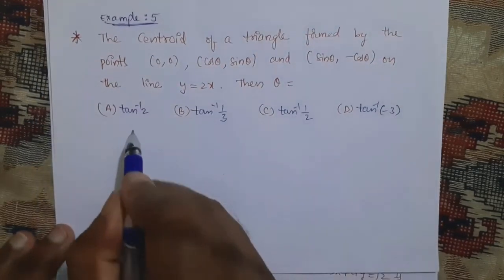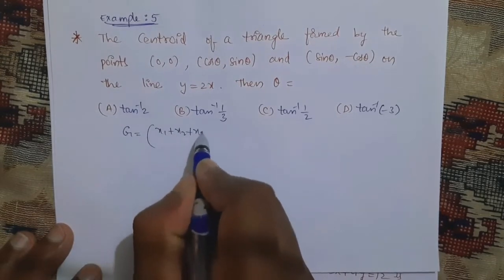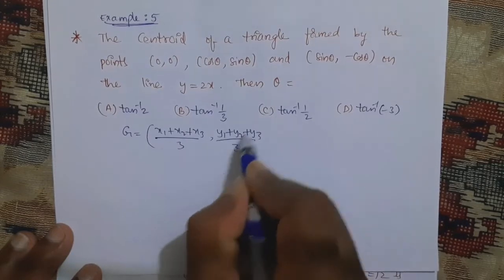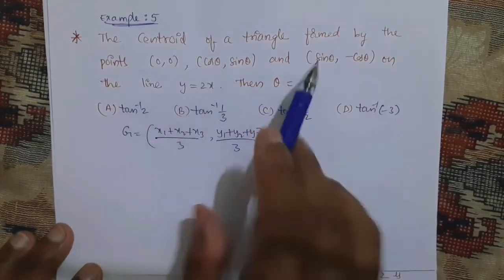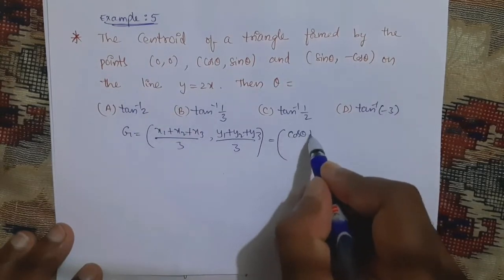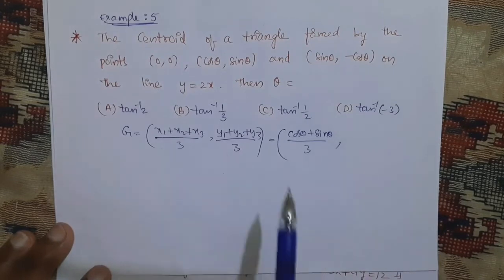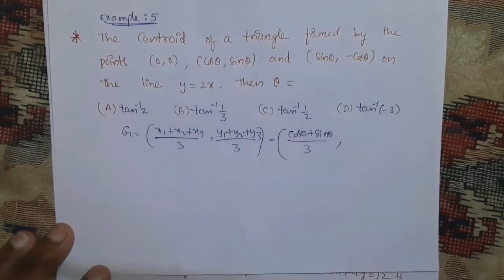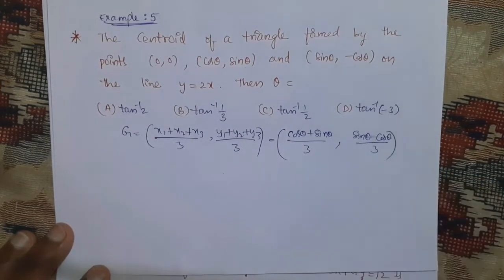We know the centroid formula G = ((x1 + x2 + x3)/3, (y1 + y2 + y3)/3). So the x coordinate is (0 + cos θ + sin θ)/3, and the y coordinates are 0, sin θ and -cos θ, so y is (sin θ - cos θ)/3.